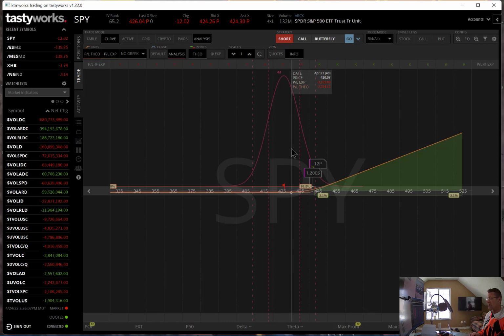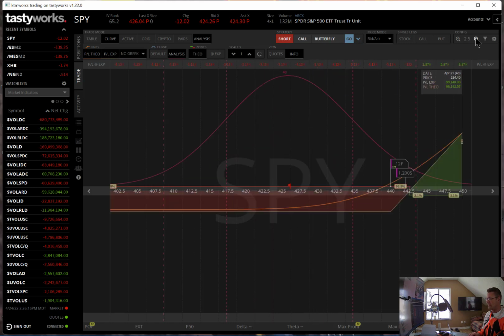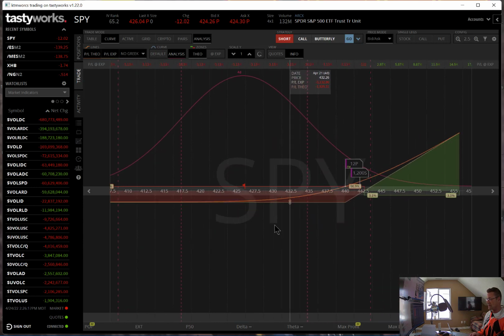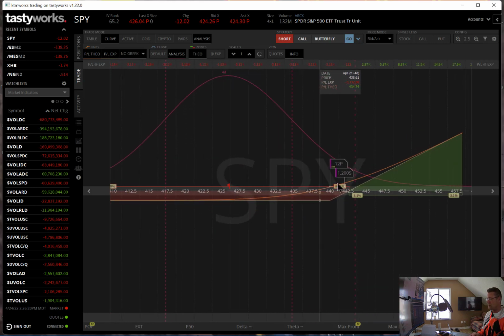One thing that may come into play, I don't imagine that it's going to happen, but one thing that is interesting about getting assigned is that while we don't have any more downside in the trade, we actually do have a tiny bit of upside. Now, you'd have to have a pretty big move on those shares that you've been assigned to move this trade from a loss into a profit.